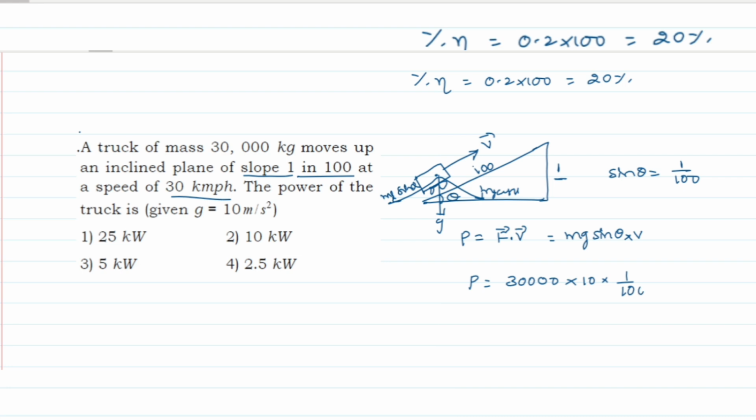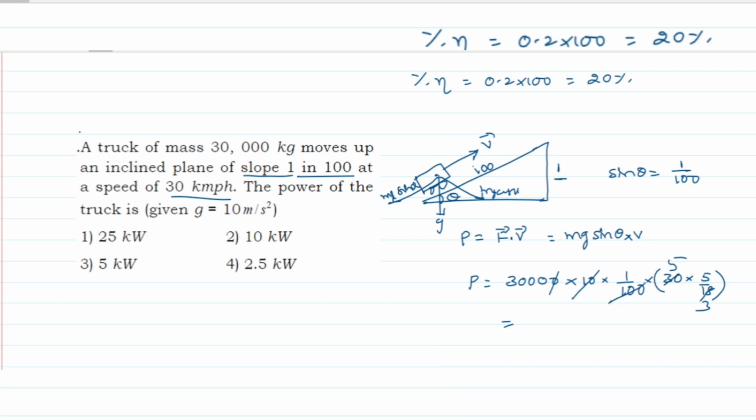You need to substitute that. The speed is 30 km per hour, which you have to convert. 1 km per hour equals 5 by 18 meter per second. Now you have to cancel. The 6 5s and 6 3s, and the 100 with this 10 and 10, get cancelled.